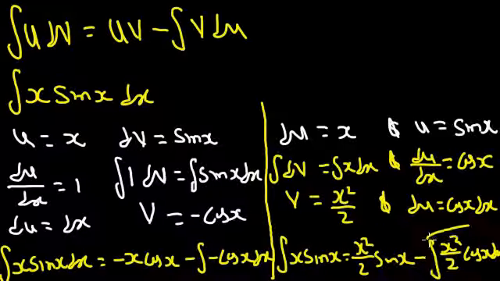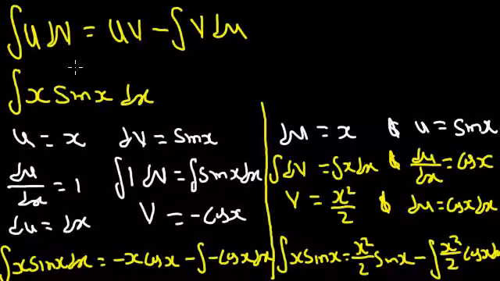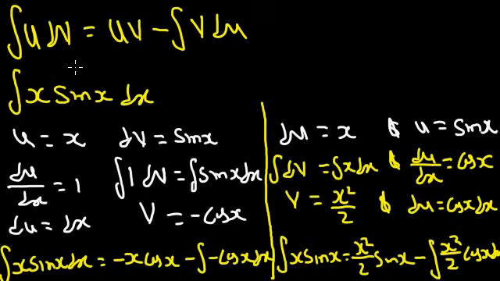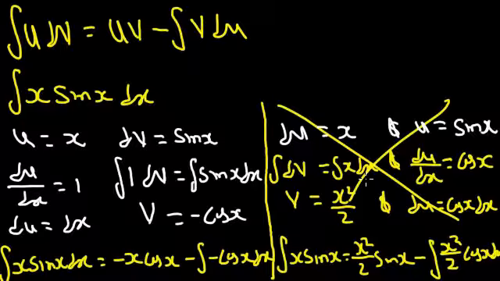Now tell me, how would we integrate this one again? Integration by parts, which is what we want to avoid. So this selection is out of the box. Taking v to be x and u to be sine x would not actually solve the problem.